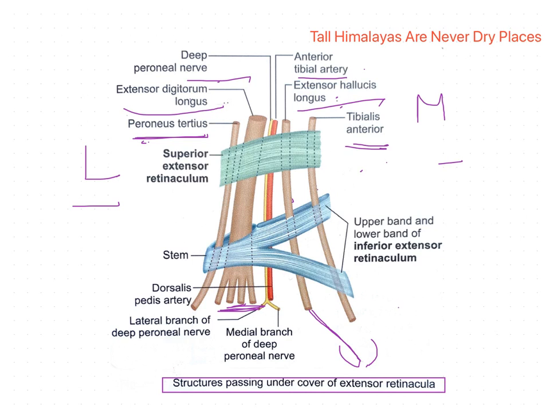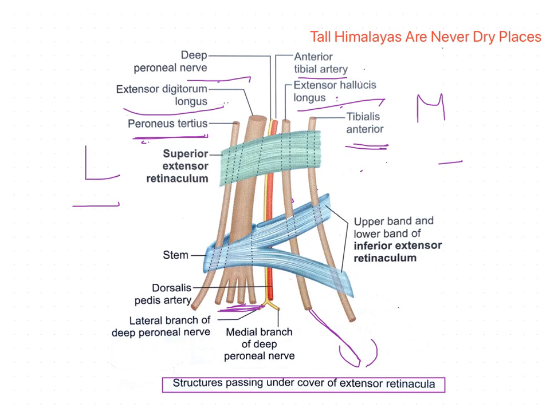In between these 4 tendons, you can find one artery and one nerve. The anterior tibial artery lies medially, and lateral to the artery you can find the deep peroneal nerve. As I have mentioned already, the main muscles on the anterior aspect of the leg are tibialis anterior, extensor hallucis longus, extensor digitorum longus, and peroneus tertius.